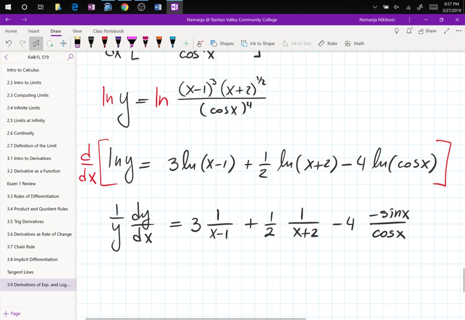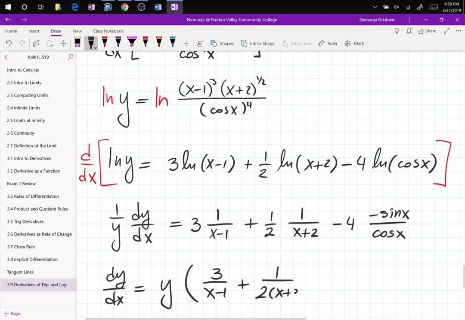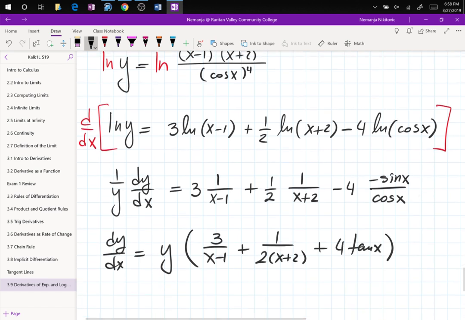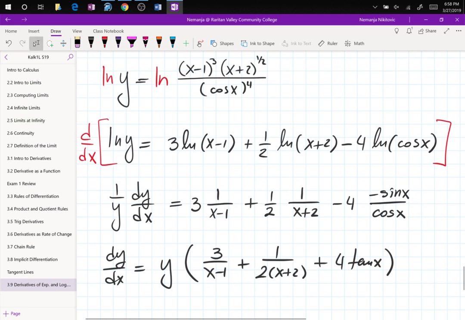We'll get there. So now, dy dx on its own is y times all of this mess, which is 3 over x minus 1, plus 1 over 2 times x plus 2, plus 4 tangent x. And now you just fill in what y is. y was the original problem.